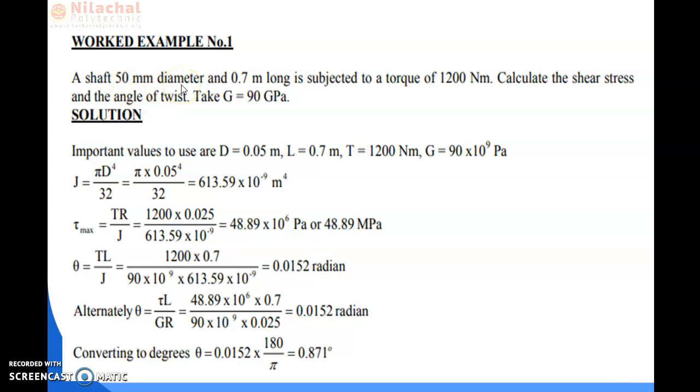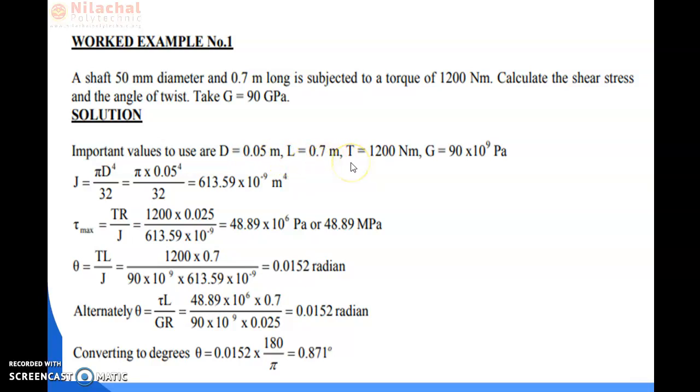So these two things you have to calculate from this data. First of all, in the solution part, you have to write down what data are given. The diameter of the shaft is given, that is 50 mm, and we convert it into meter, that is 0.05 meter. Next is the length of the shaft, which is 0.7 meter.